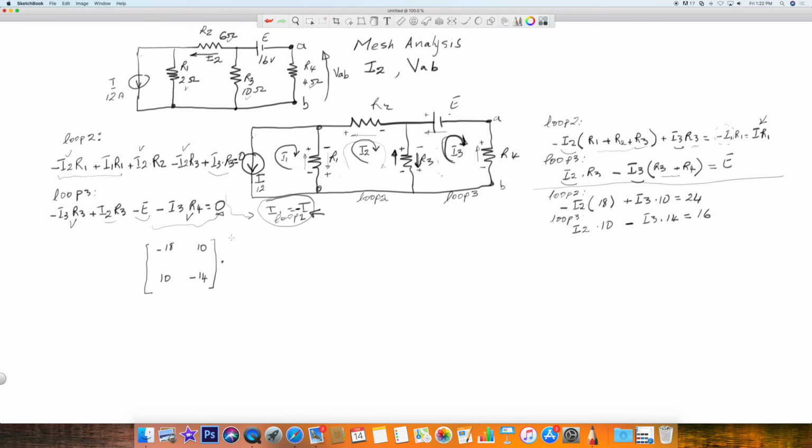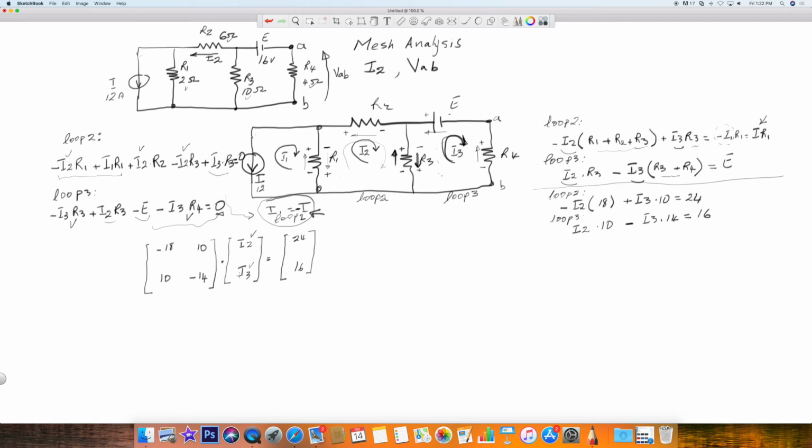Okay, so we know this is vis-a-vis I2 and I3. So these are what we're solving for. Okay, equals to 24 and 16 over here in this order. And we want to solve for I2 and I3.